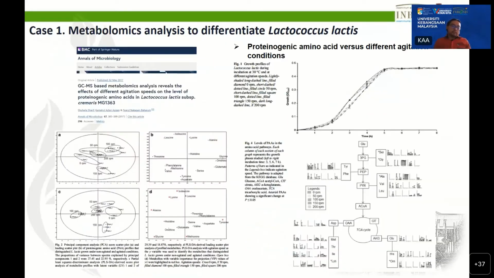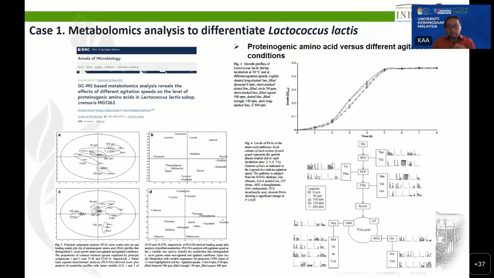Right. So from there, a work by Shuhaila, which was supervised by Associate Professor Dr. Syaratul Al-Kain. Here we furthered the study by comparing the proteinogenic amino acids in Lactococcus when grown at different agitations. We employed a number of different agitation speeds and tried to see how these metabolic changes occur in Lactococcus in response to different agitation.